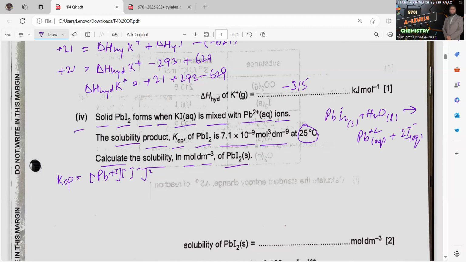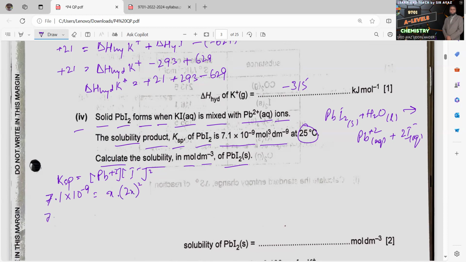So Ksp is given, that is 7.1 into 10 raised to power minus 9, and we need to find the solubility for PbI2 solid. If you consider Pb2+ as X, then I- should be considered as 2X because of the power. There are 2 moles of iodide, so you write 2X, and this must be squared.